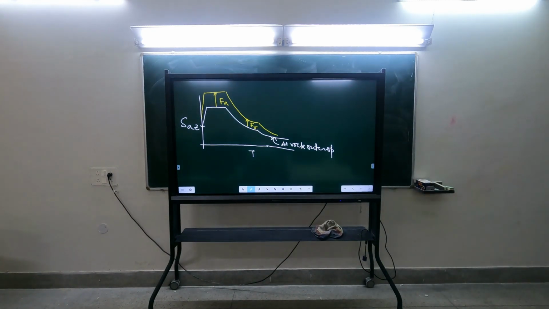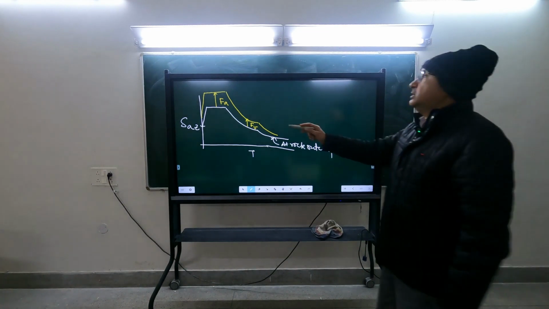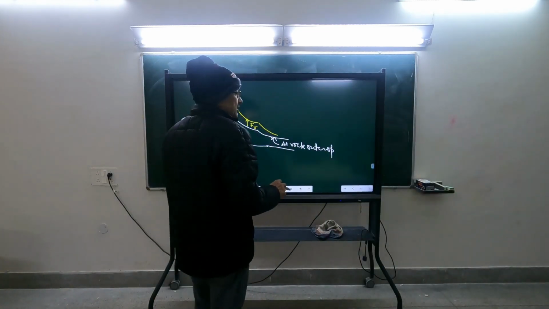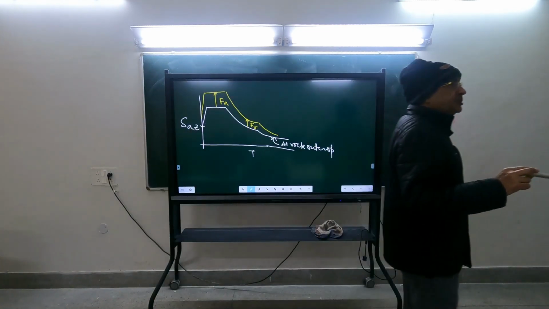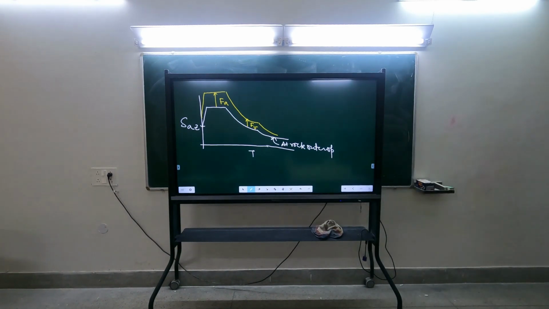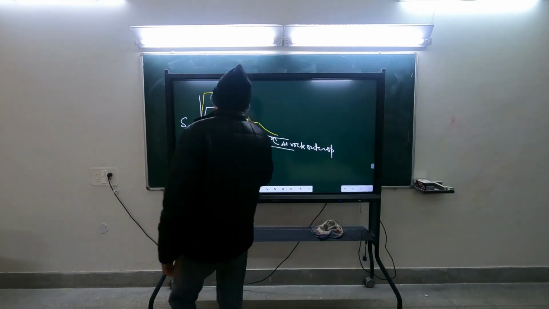If you know the site factor, all the codes provide the reference response spectrum at rock outcrop, and then we have to obtain the spectrum at the site depending on what type of soil stratum is there. So for that we need these two factors, FA and FV.